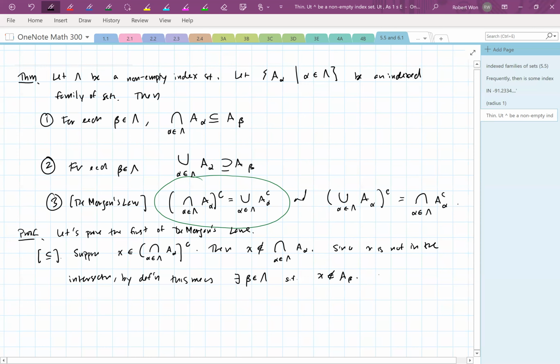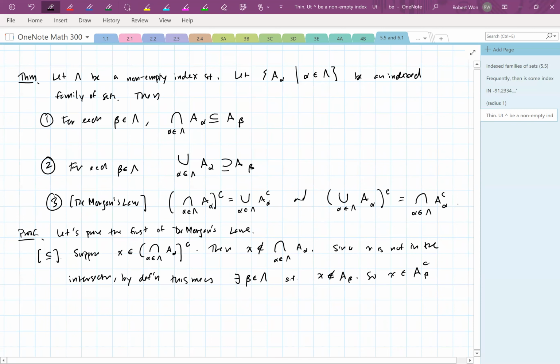But what does that mean? I'm trying to prove that x is in this right-hand side right now. So I need to prove that it's in one of the complements, but x right now is not in A beta. So x is in A beta complement.